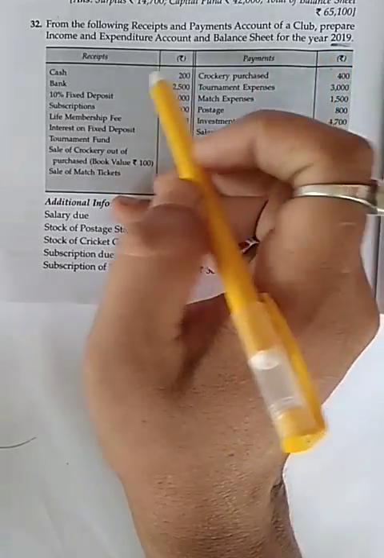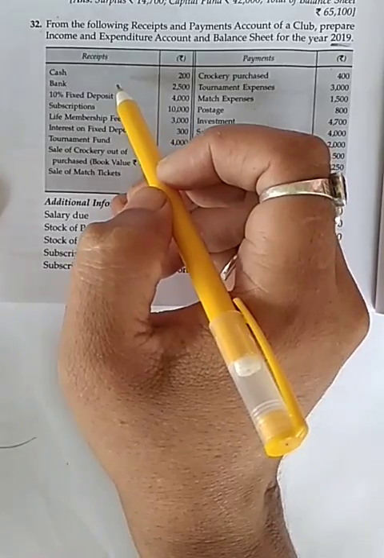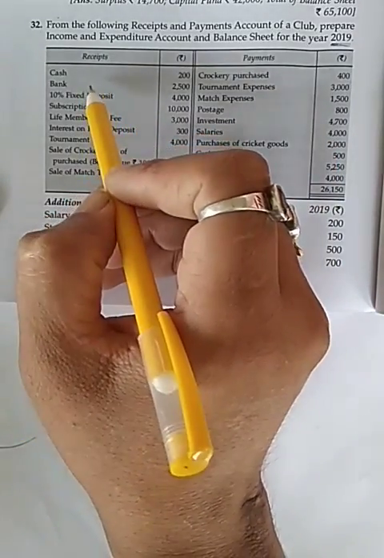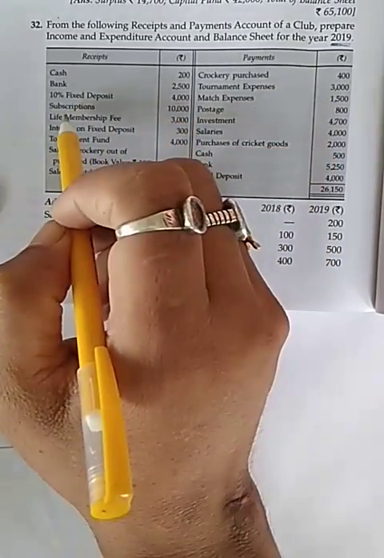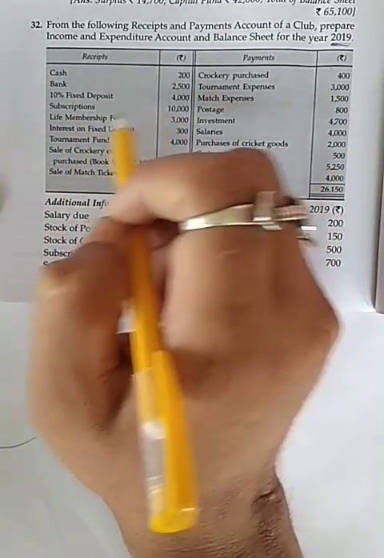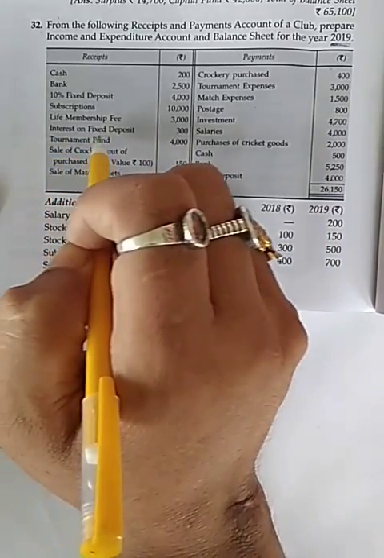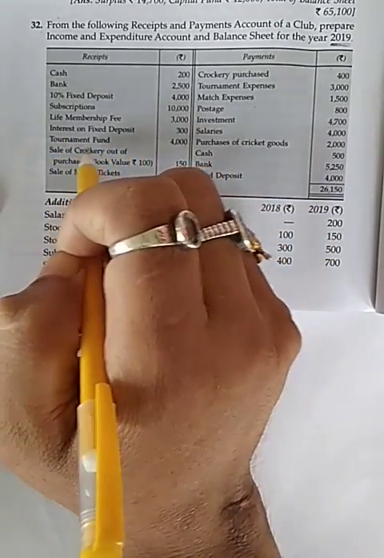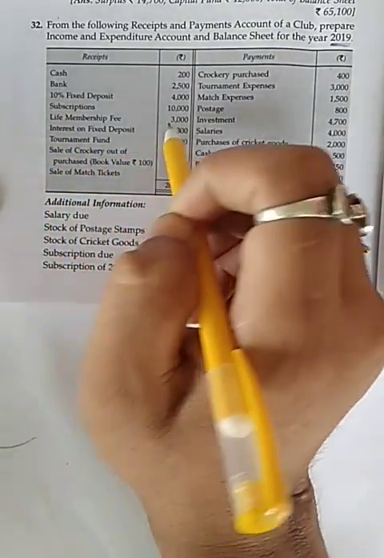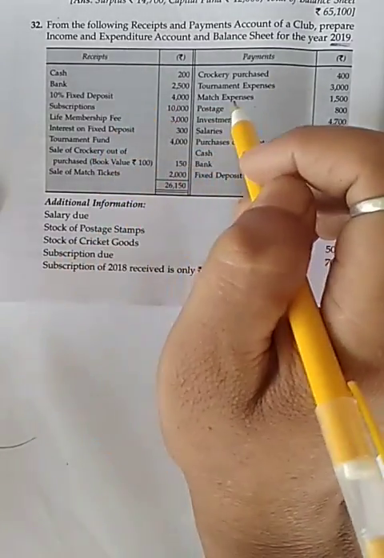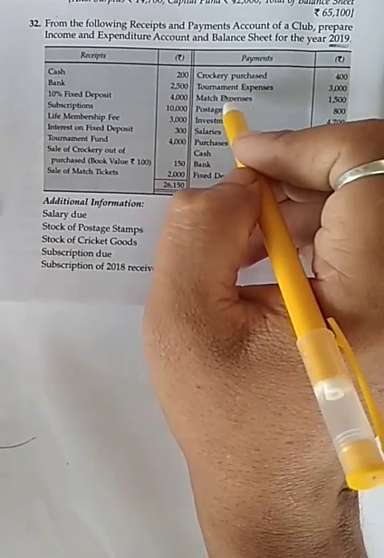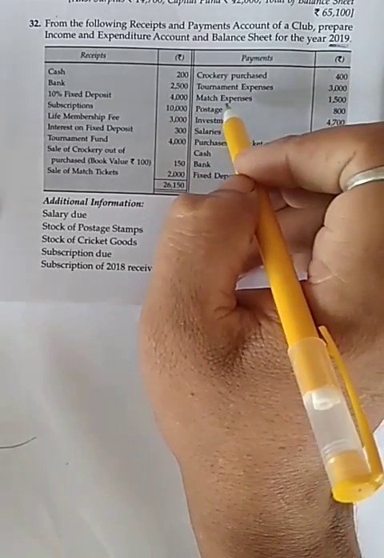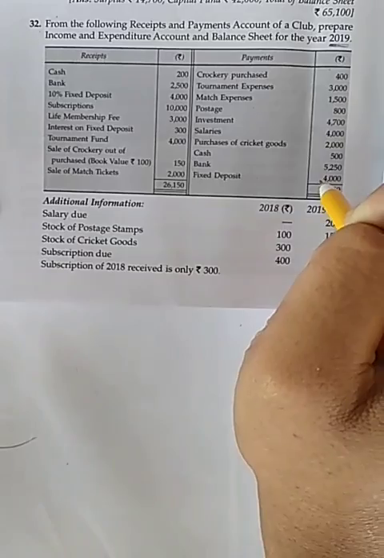Now, in receipt side, cash balance, 10% fixed deposit, subscription, life membership fee, interest on fixed deposit, etc. are given. And in expenditure side, crockery purchase, tournament expenses, etc. are given.